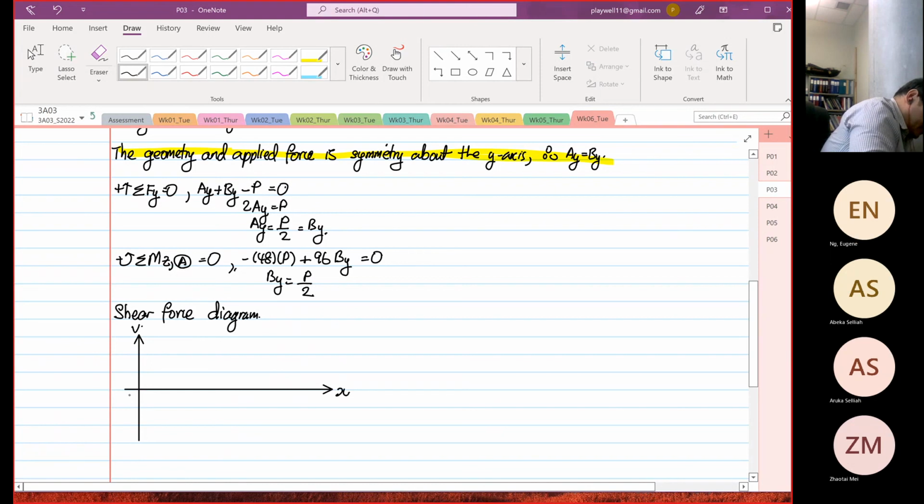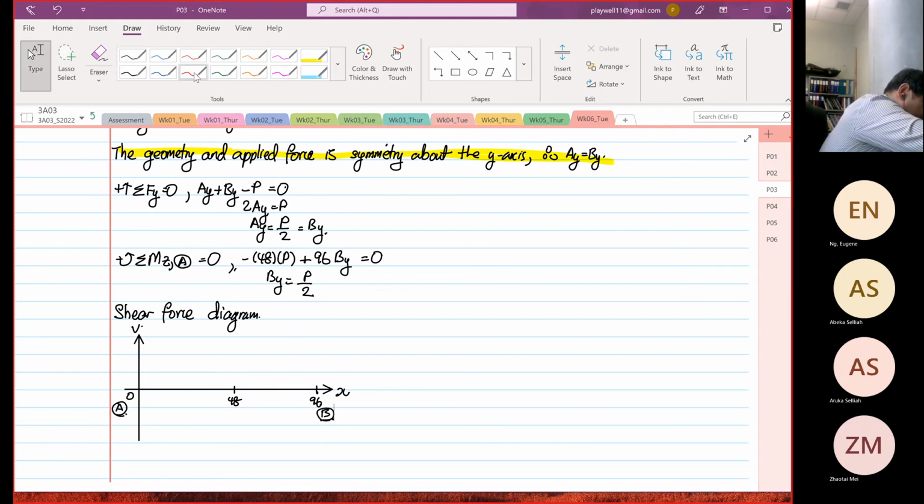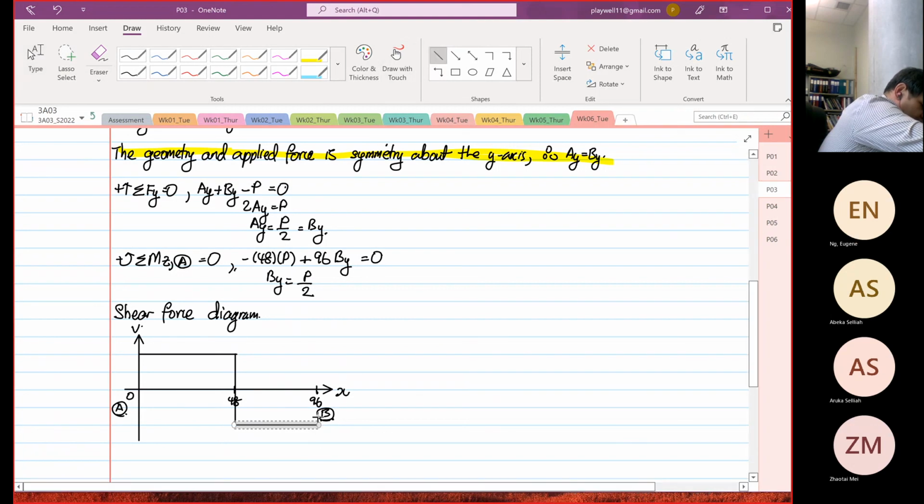So this is 0, this is at 48 inches, and this is at 96 inches. This is our point A, and this is our point B. So we have our forces doing this. We have P over 2, and then at 48 you have P coming down, and then you have the horizontal, and then you have our reaction at point B, which is equal to P over 2. So we know that P over 2 is the maximum.